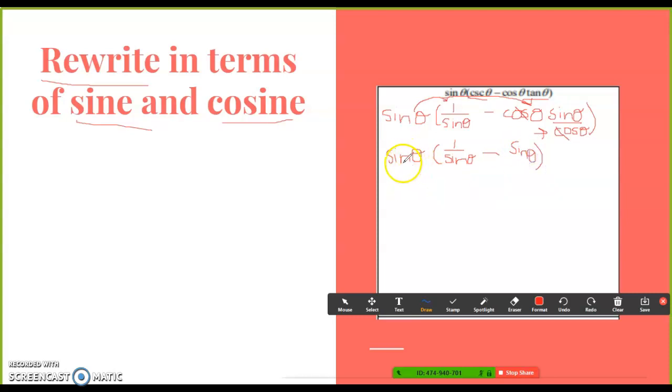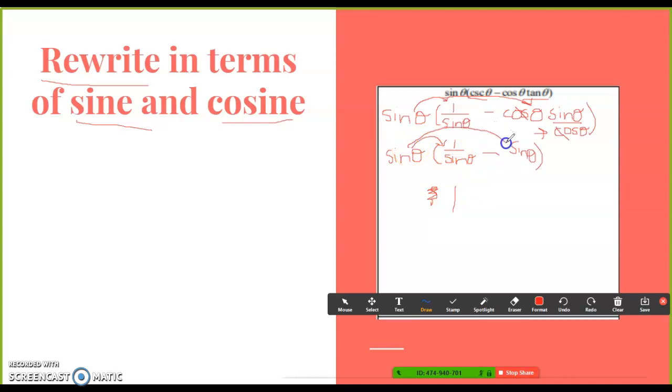Okay, here we go. So if I multiply this in, I will end up with sine of theta times 1 over sine of theta. So notice those actually will cancel out, and those will equal 1, because I would have a sine of theta over sine of theta, so that would be 1.